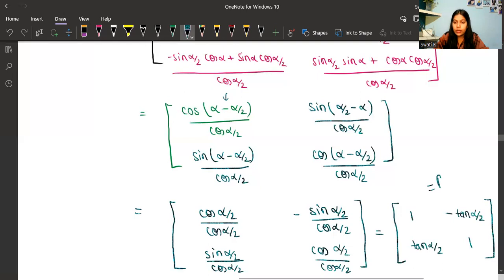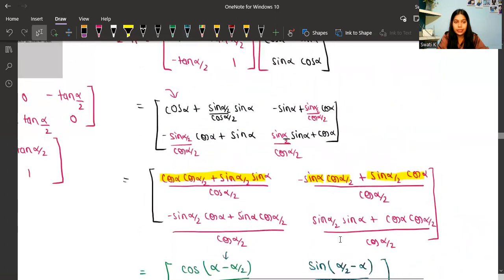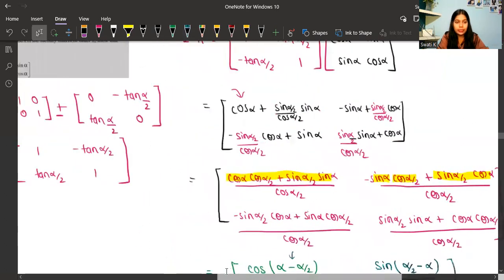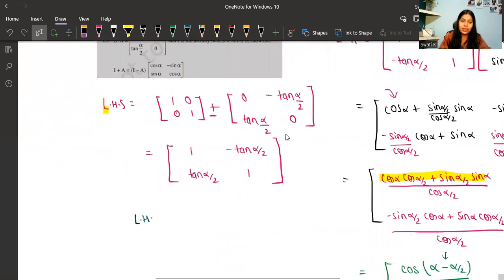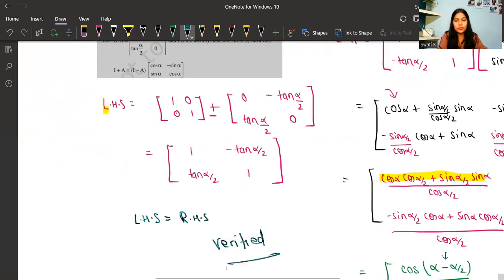So this is your RHS. Let's just check what was the LHS, and you can see that it is the same thing. So we got LHS equal to RHS, verified, and we are done. We are done with this question.